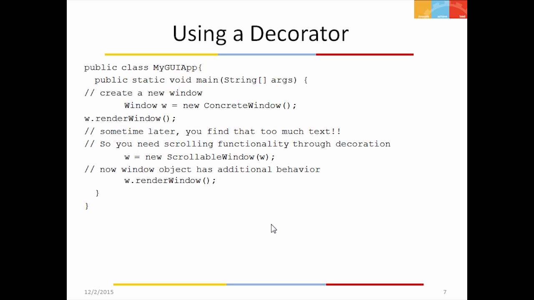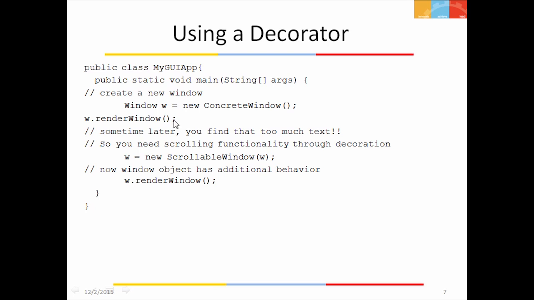Then sometime later, suppose I want to add an additional feature to this window. So what I do is that W, the same W, is a new scrollable window. This scrollable window is basically the decorator, and I pass the parameter W here.